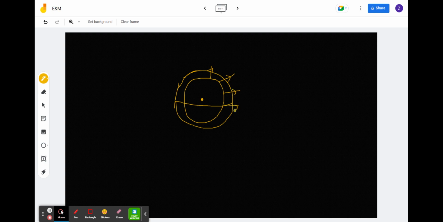Correct? On all sides, and our E is a constant. And the field from this conducting sphere is always going to be perpendicular to our Gaussian surface. So cosine theta is just 1. And we're saying this is the charge enclosed divided by epsilon.